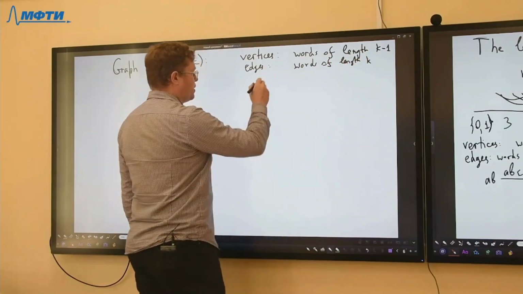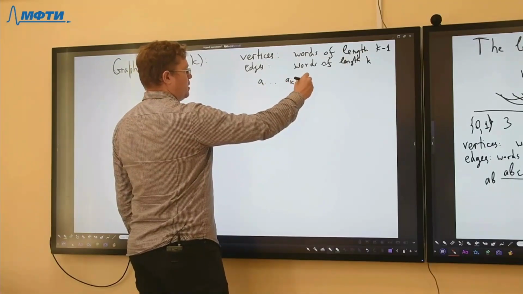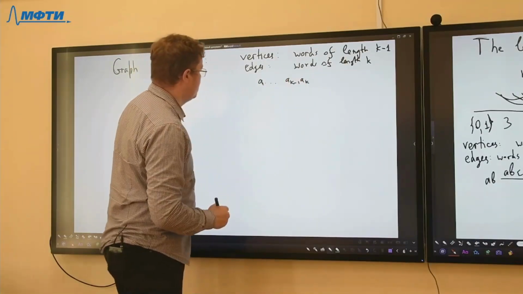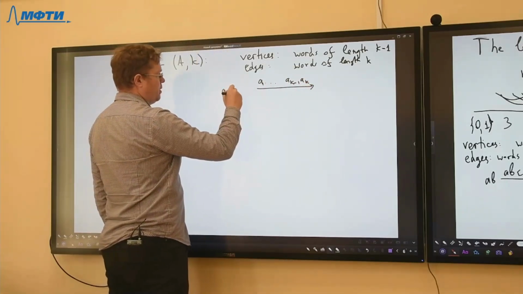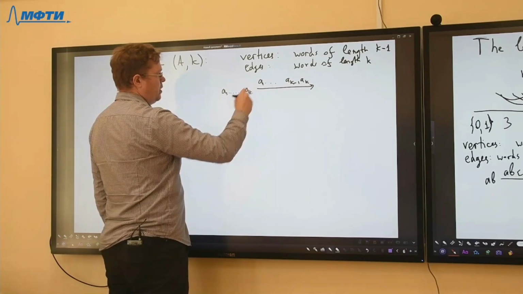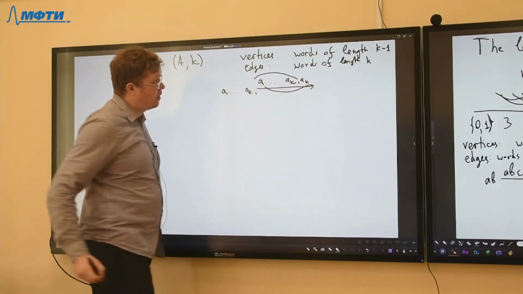Each word of length k connects the vertex of its first k minus 1 elements to the vertex of its last k minus 1 elements.